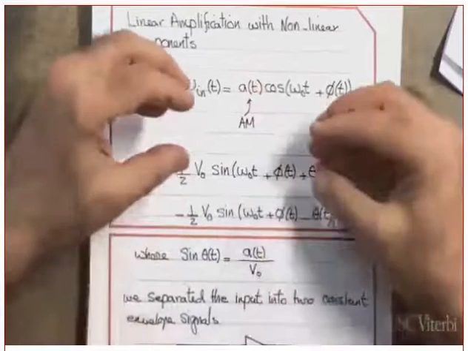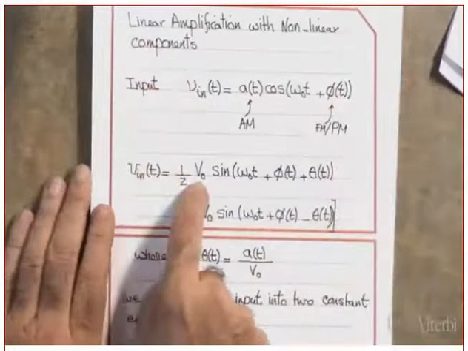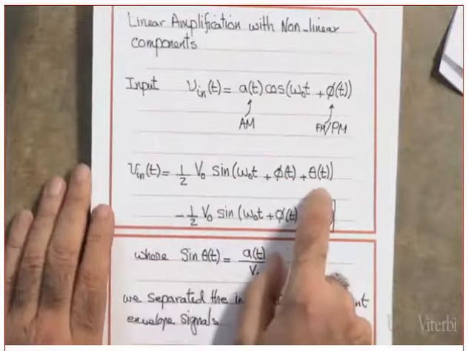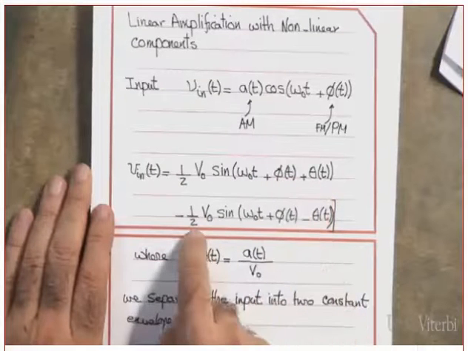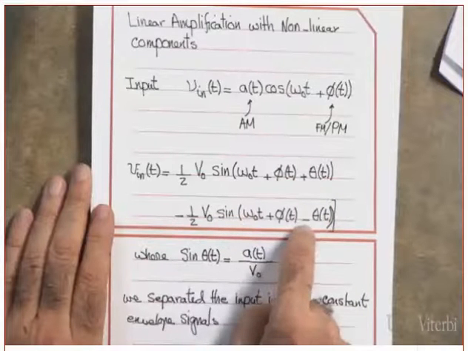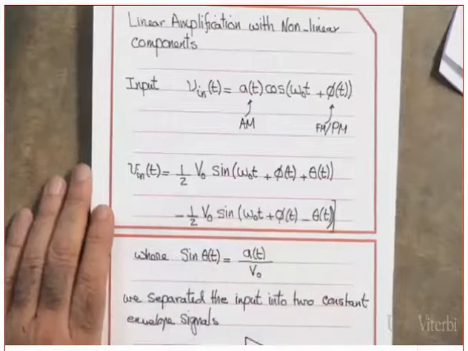I can write this in two ways. I can separate them into the following: 1/2 V0 sine (omega naught t plus theta of t) minus 1/2 V0 sine (omega naught t minus theta of t). Clear? What do you recognize in these two components?